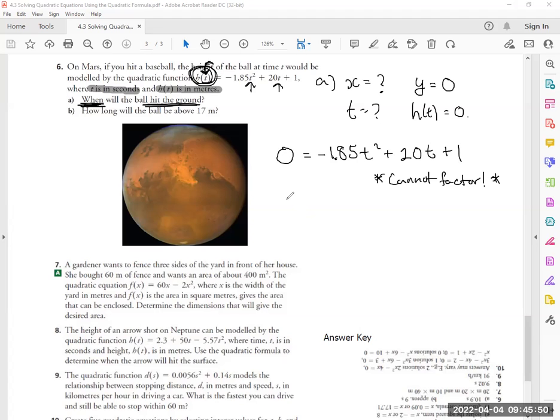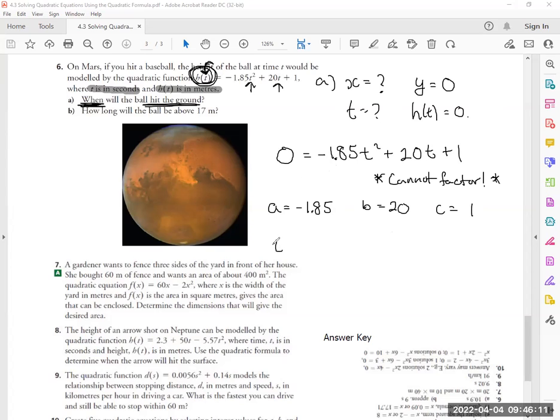Okay, so let's do it. My a value, and this is where people who were away on Friday come in, is the coefficient multiplying with the squared term. My b value is the coefficient multiplying with the single exponent term. And my c value is the constant term.